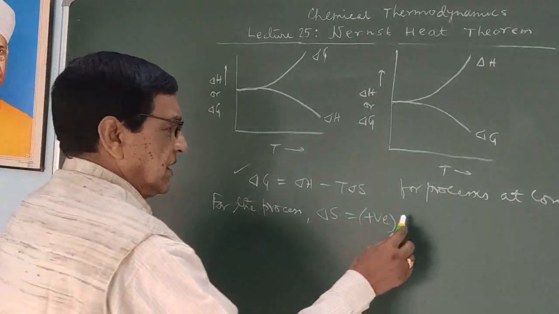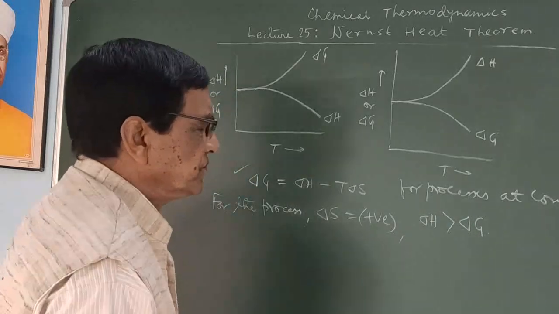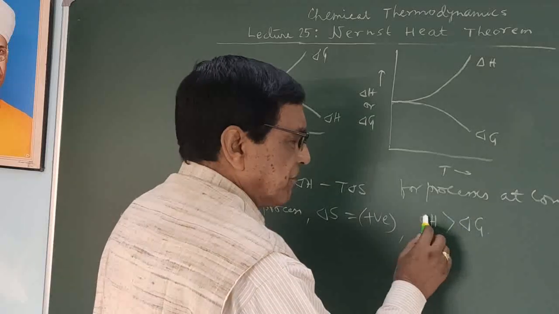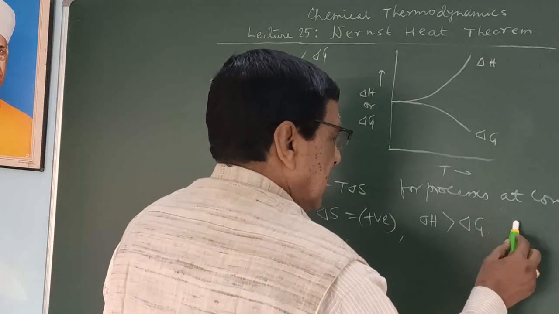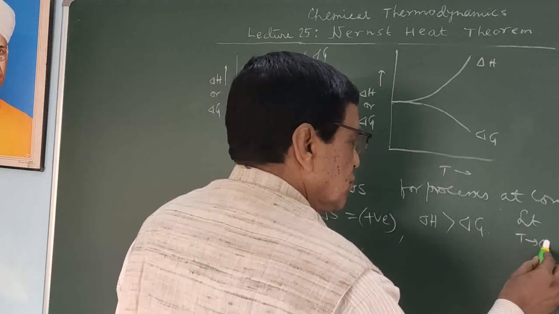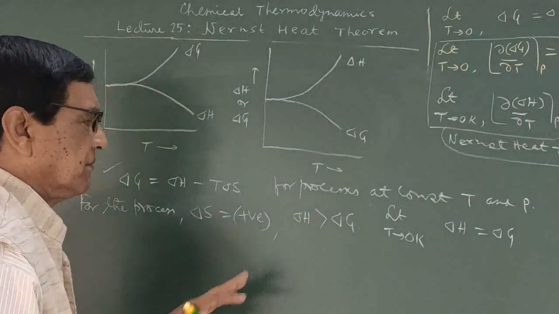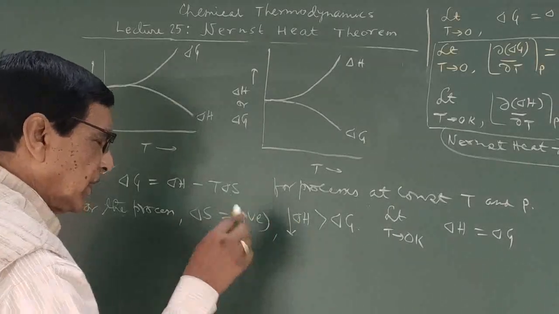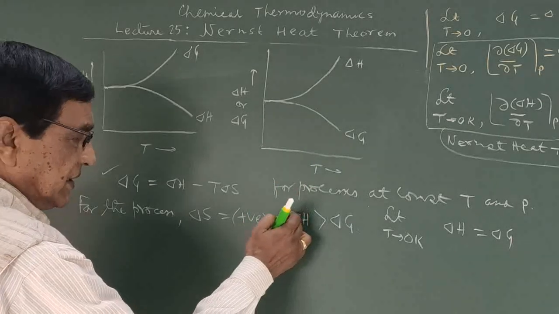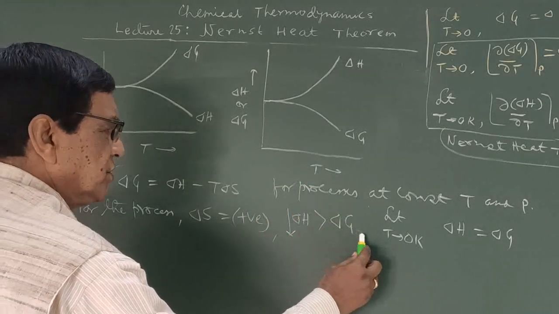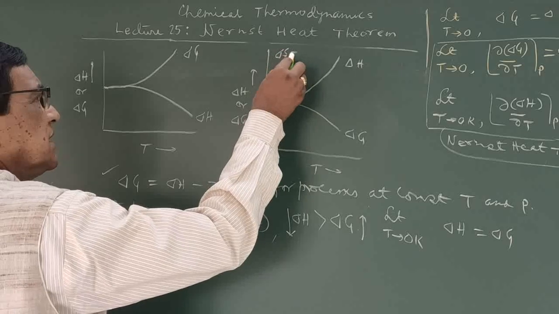So delta H is greater than delta G. With the lowering of temperature, they approach this equality, and so as T tends to 0 Kelvin, delta H equals delta G. So naturally this curve will be lower, delta G will be decreasing, and delta H is decreasing, with the lowering of temperature. In this case, delta S is positive.